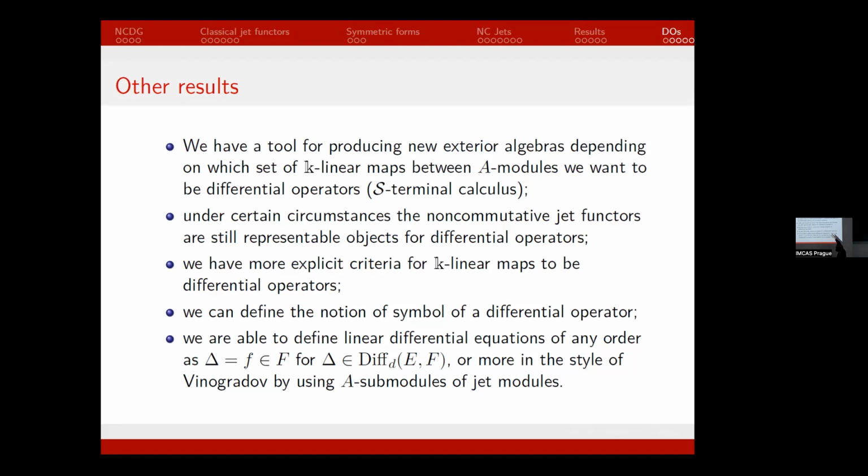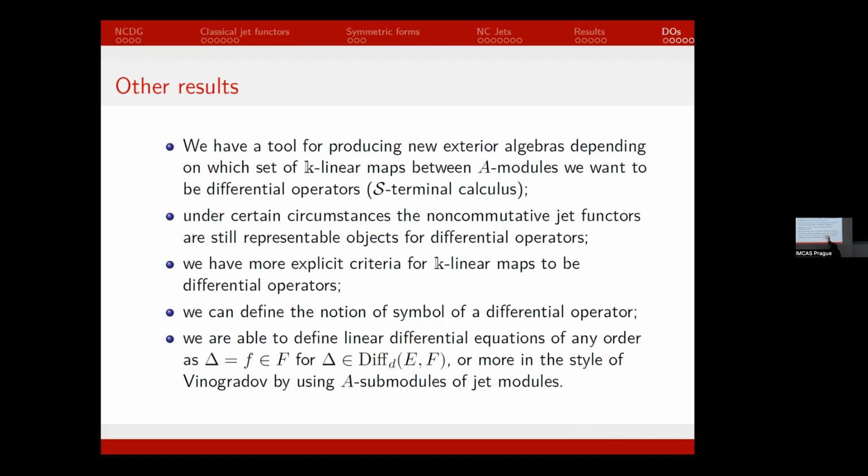We have some more explicit criteria for k-linear maps to be differential operators of general order. We have a notion of symbol of a differential operator, which corresponds to the highest grade of the differential operator. If you know what a symbol is, this is there to convince you, otherwise it's not important.